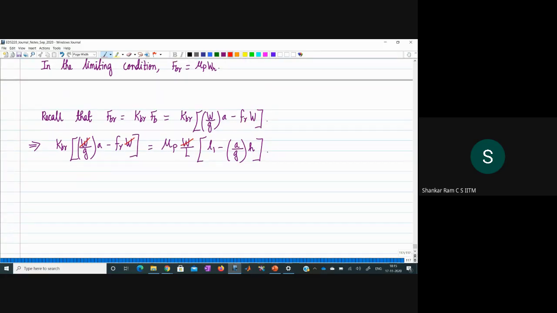Once again, we have these A by g terms which are common.